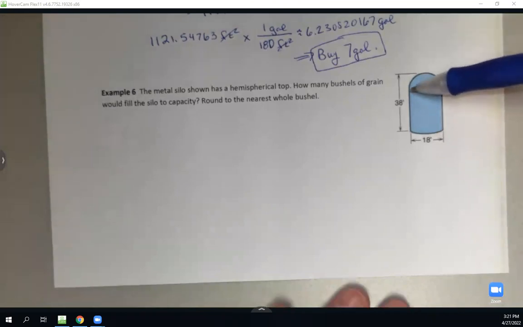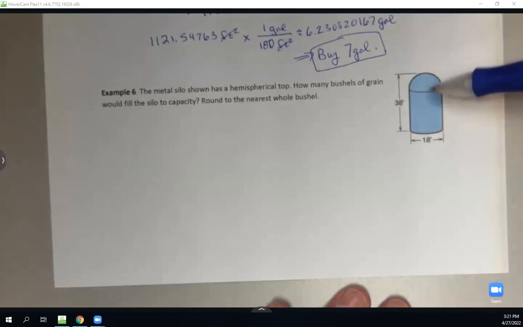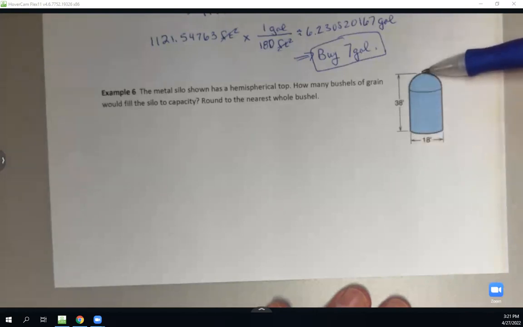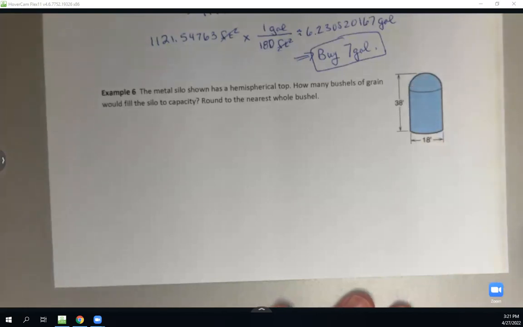And so notice the silo, it's like a cylinder, but then it's got a hemisphere on top. We got an 18-foot diameter, and from the bottom to the tip of the hemisphere is 38 feet. You with me on that? So our question is, how many bushels of grain could we put in that silo?